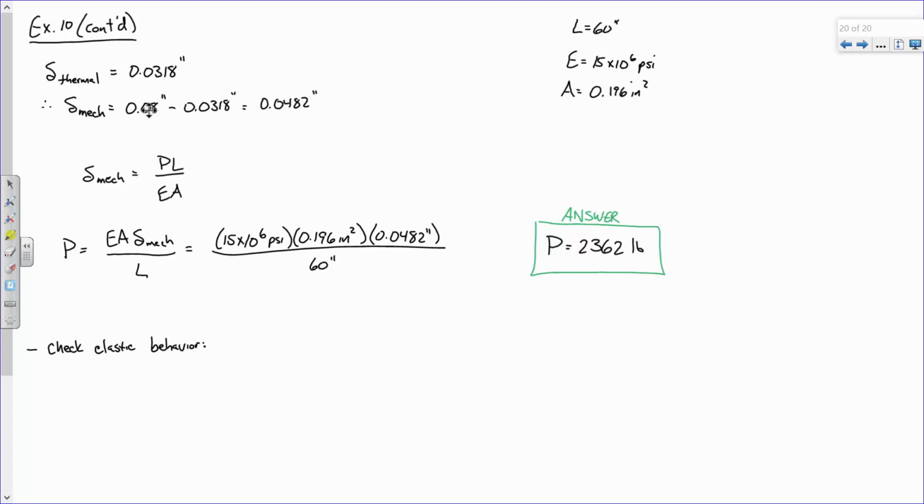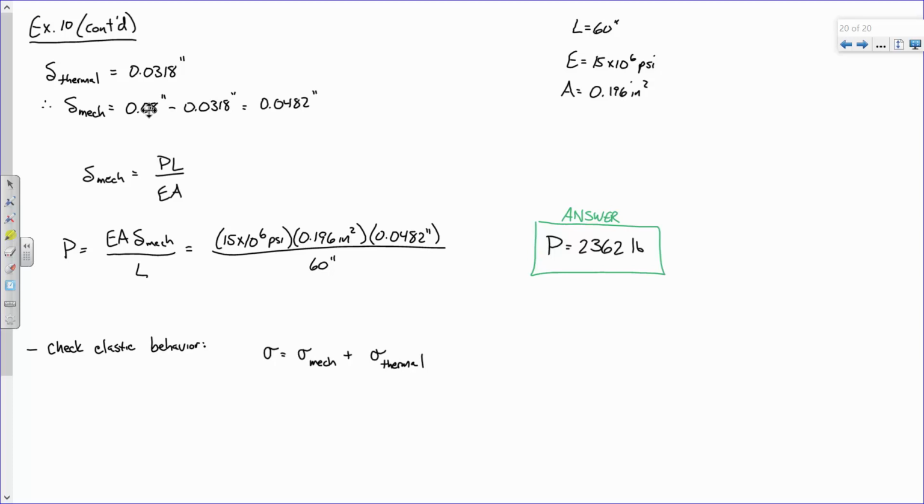Now, I also propose that in general, to compute the stress for an axially loaded member, we would take the mechanical stress and add it to the thermal stress. Right off the bat, the thermal stress is 0.